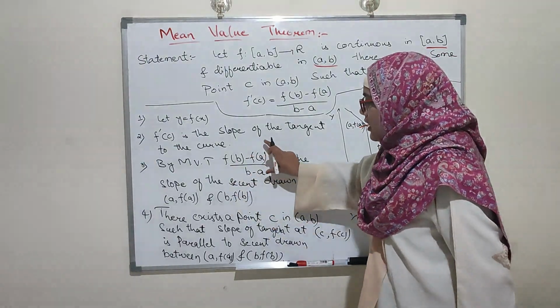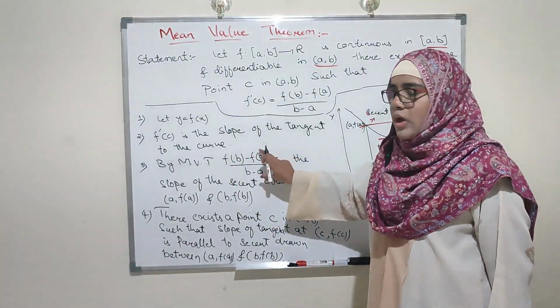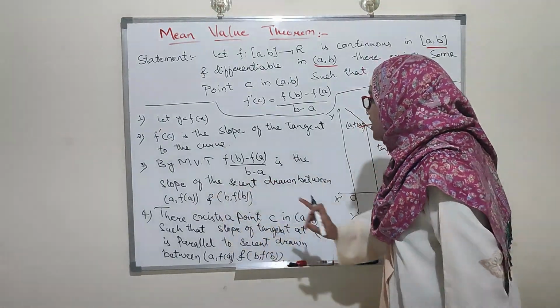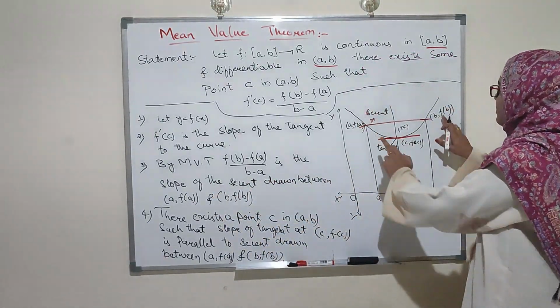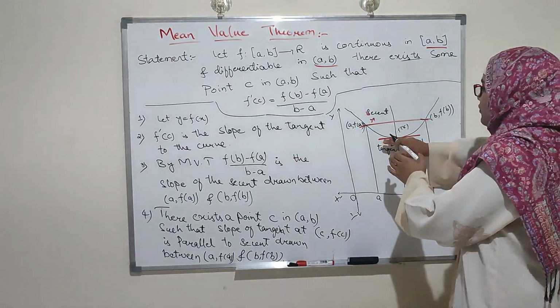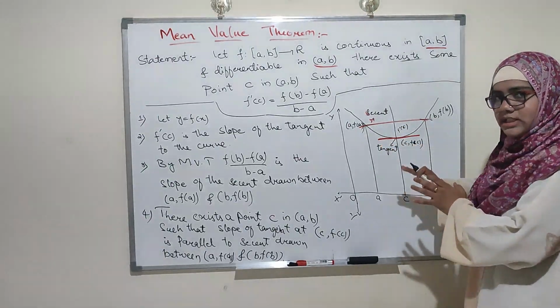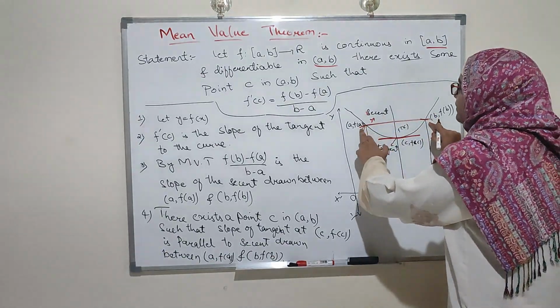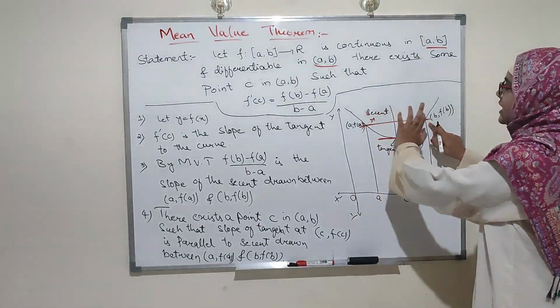So by the mean value theorem, f of b minus f of a whole divided by b minus a is the slope of the secant drawn between a comma f of a and b comma f of b. One line touches the curve, it is known as tangent. Another line is drawn which cuts the parabola at two different points, so this is known as secant.